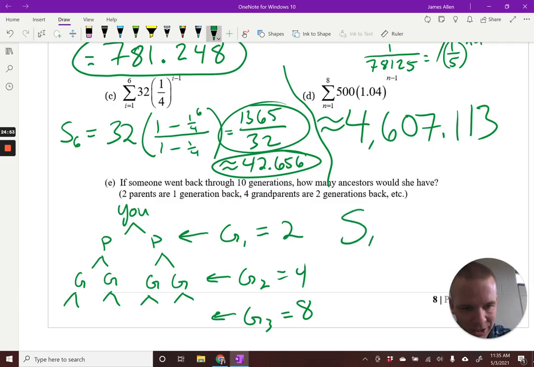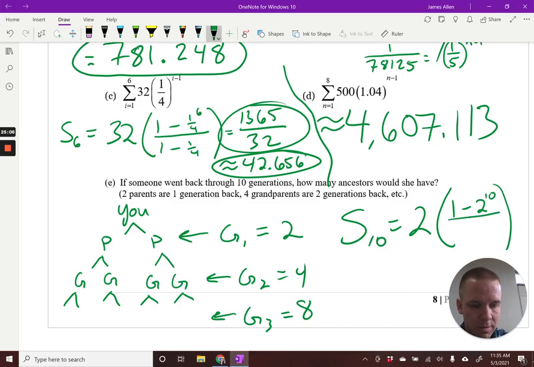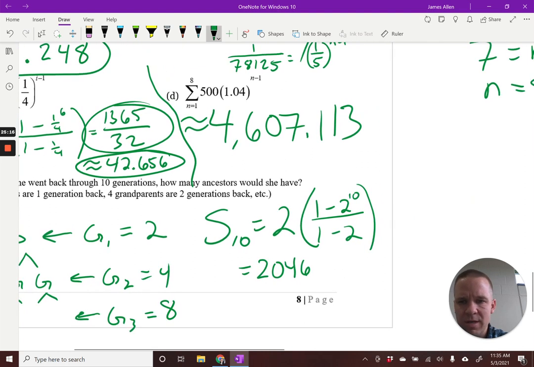So if I want 10 generations, my first is 2, and my common ratio is 2, since I'm doubling each time. So 2 times (1 minus 2 raised to the 10th) over 1 minus 2. If I plug that in, we end up with 2,046 ancestors. My goodness. That's crazy.